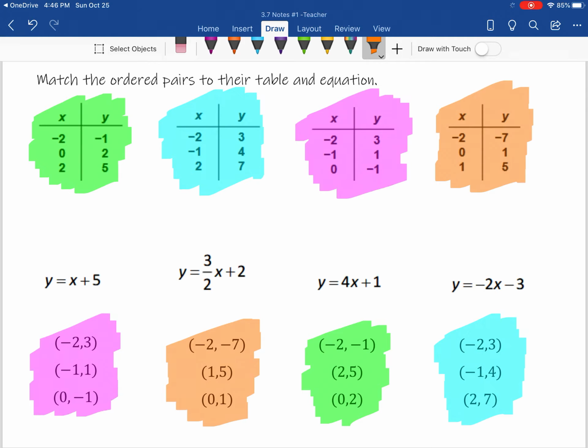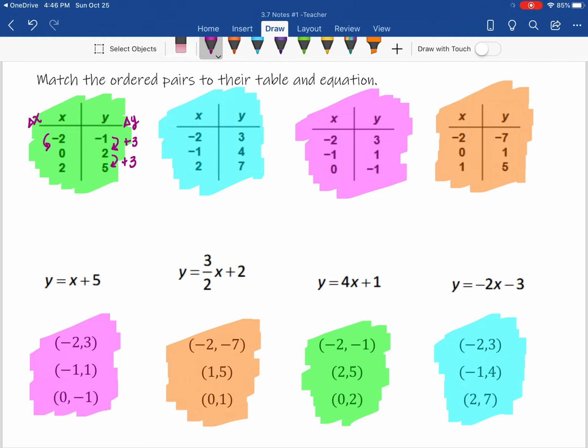The harder part is going to be actually finding the equation that matches. So we're going to look at our table, and we're going to find the slope and the y-intercept. Okay, so for my first one, I'm always looking for the change in y divided by the change in x to find my slope. Okay, so if I go from -1 to 2, I'm adding 3, 2 to 5, adding 3.